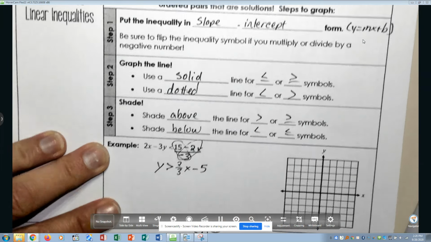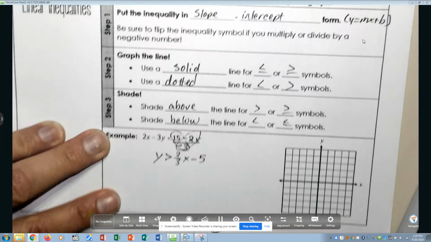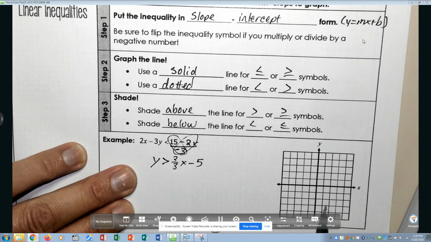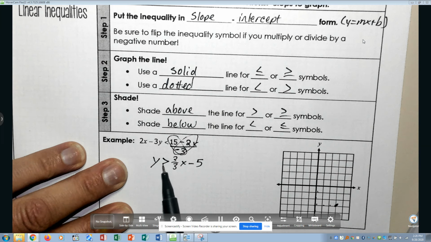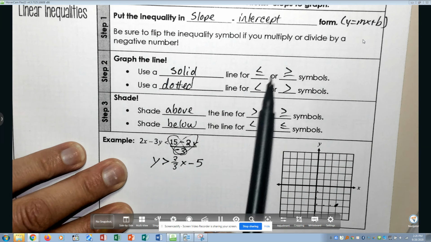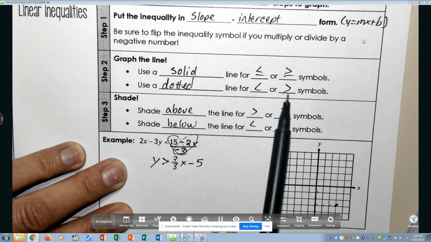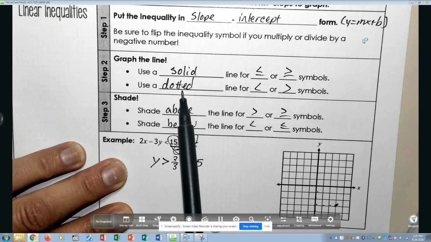So now we plot our line. So you start with your negative 5 y-intercept, 1, 2, 3, 4, 5. And then my slope is positive 2/3, so up 2 over 3. 2 points make a line. But because there is no equal to sign here, I'm going to use a dotted line.